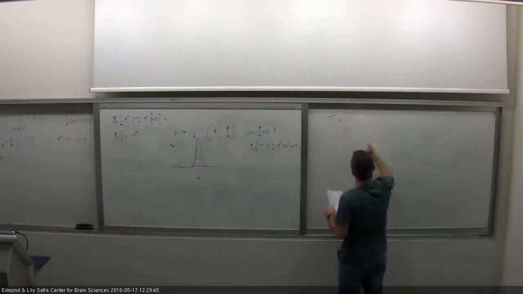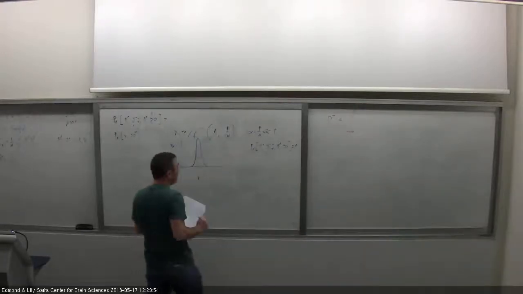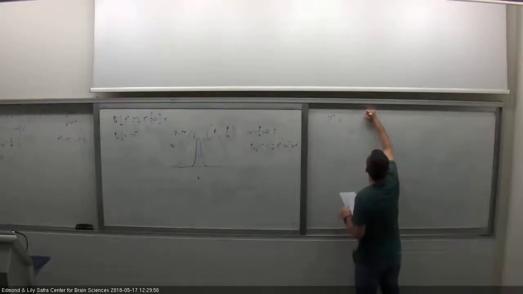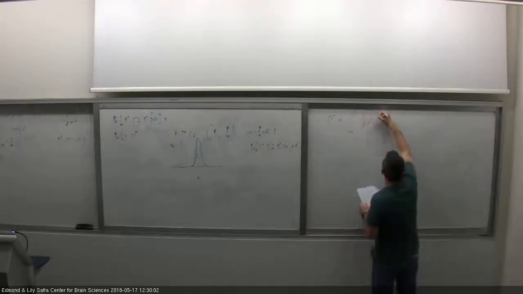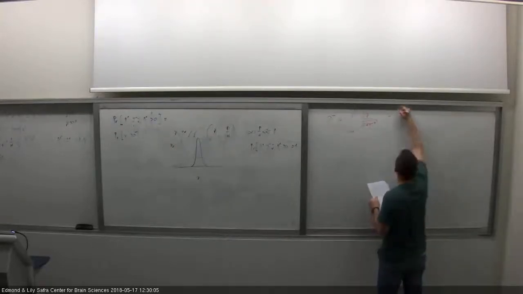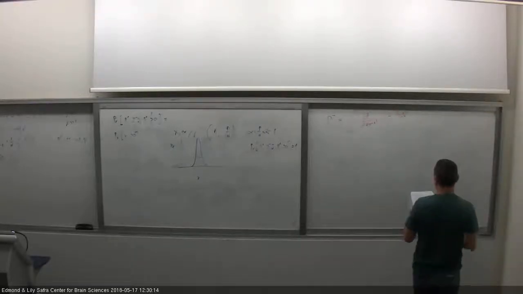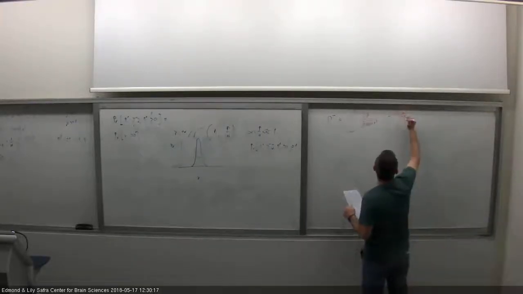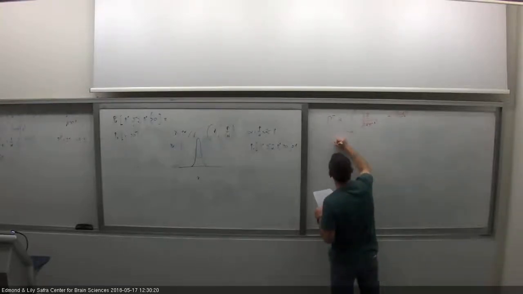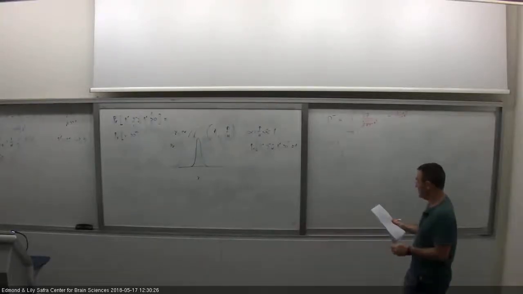So this would be an integral from minus infinity to 0 of a Gaussian, dz over square root of 2 pi sigma squared, e to the minus z minus mu squared over 2 sigma squared, where mu is equal to 1 and sigma squared is equal to p over n.